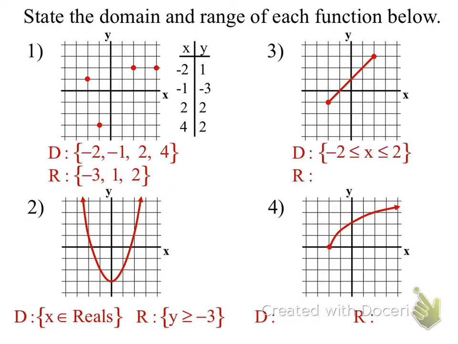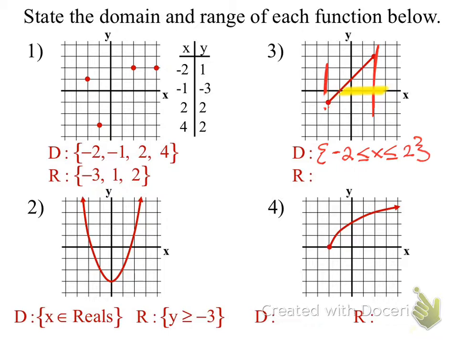Number 3, as you can see, if I'm looking at the width, that's just this area in here. So we would say the domain is between -2 and 2: -2 is less than or equal to x, which is less than or equal to +2. Close it up.